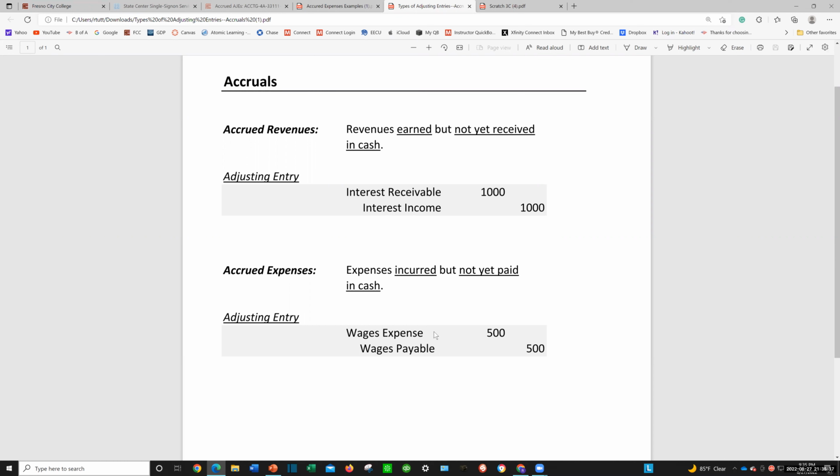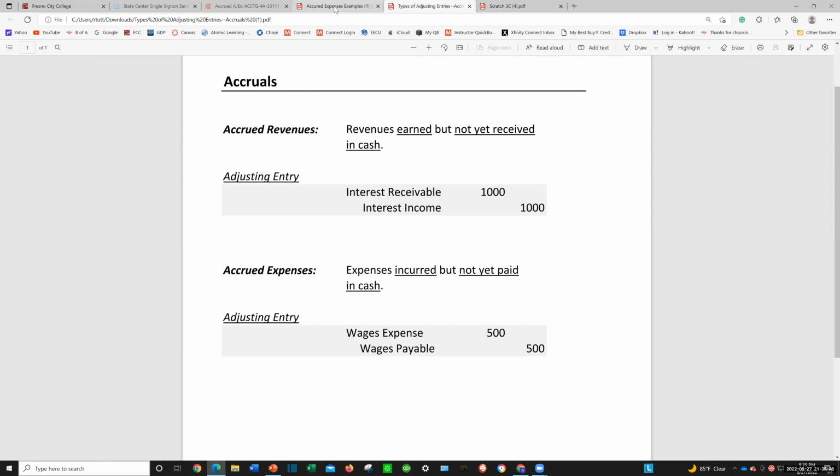Well, you have to show on the income statement the wage expense and the fact that you owe it. You haven't paid it. So you incurred the expense, but you haven't paid the cash. So you have to make it a payable. In this case, wages payable. Okay. Debit wages expense, 500. Credit wages payable, 500. That would be the two, whether it's accrued revenue or accrued expense.